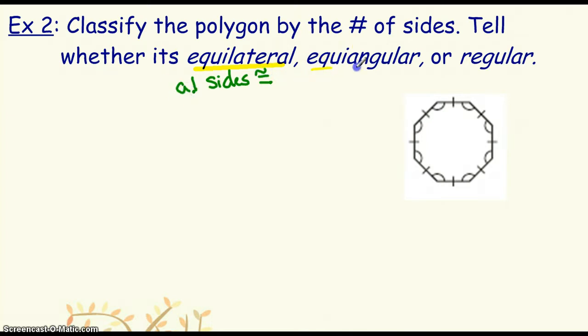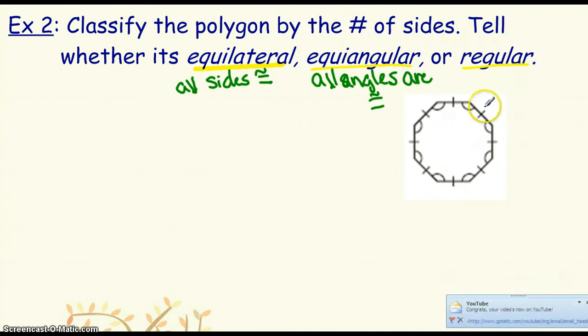We have the term equiangular, that meant all angles are congruent. And regular meant both all sides and angles are congruent.